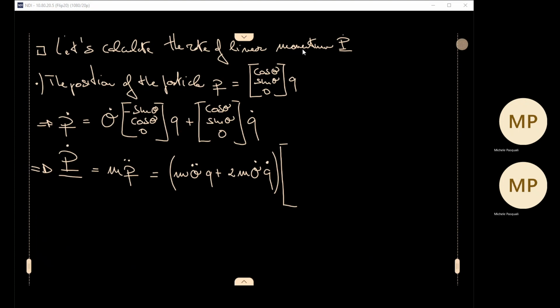Which multiplies minus sine of theta, cosine of theta, and 0, plus m q dot, which multiplies cosine of theta, sine of theta, and 0.